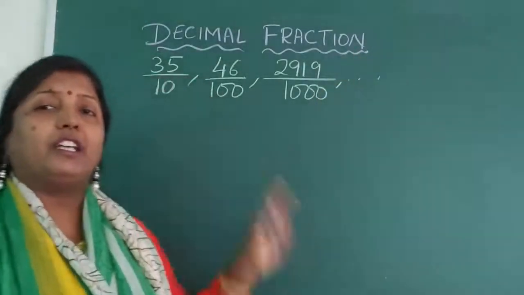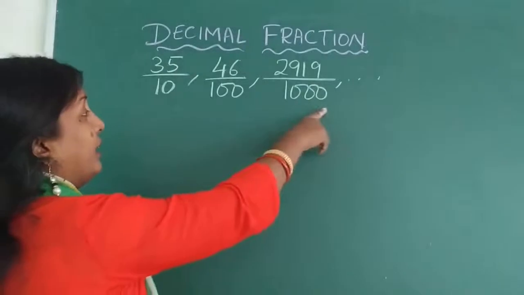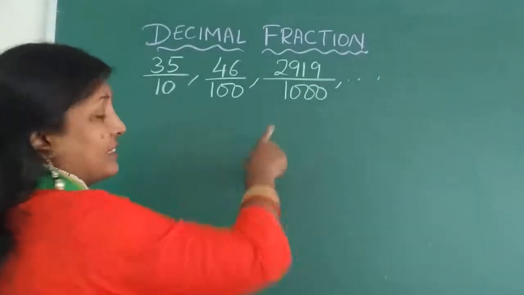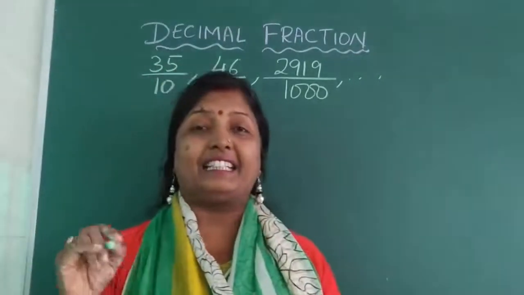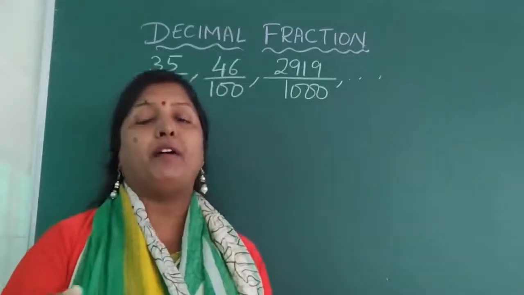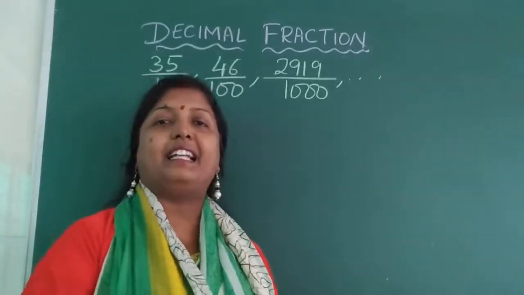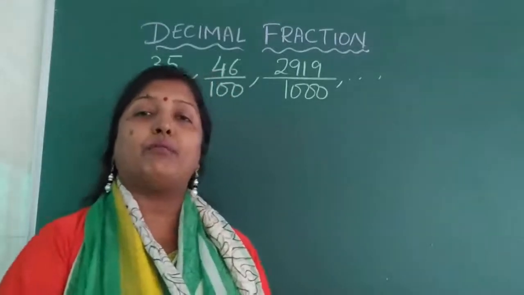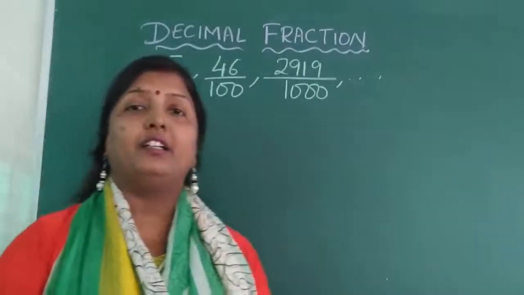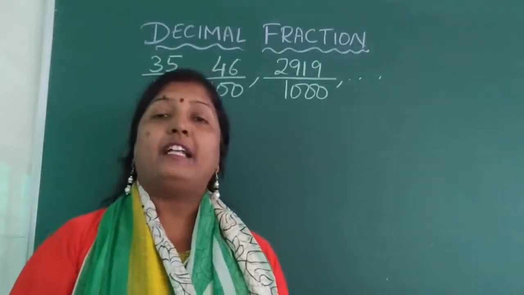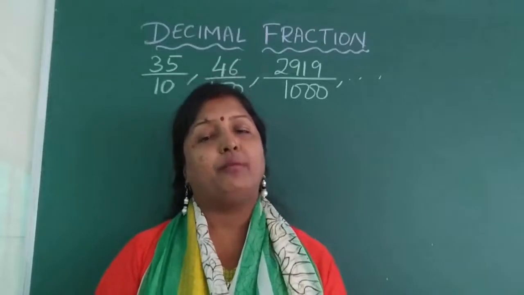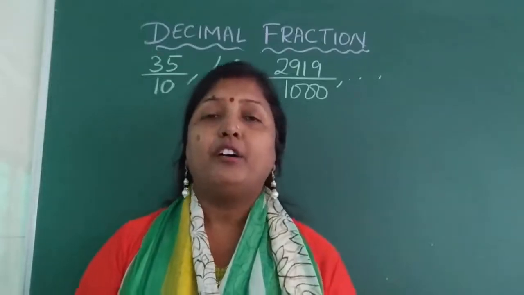Now, what do you see here? In all this, the denominator is either 10 or a power of 10. That is 10, 100, 1000. Now, when the numbers have a denominator 10, 100, 1000, that fraction gets a special name, that is a decimal fraction.